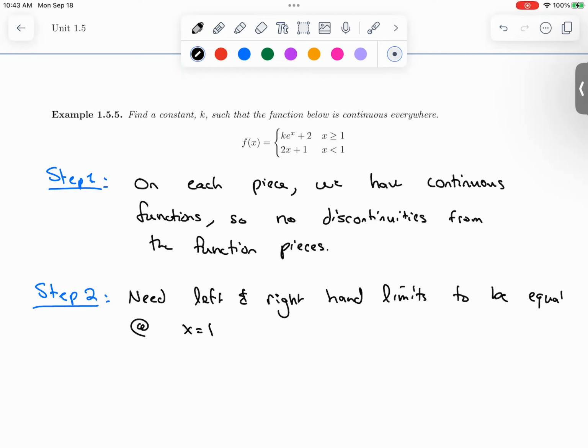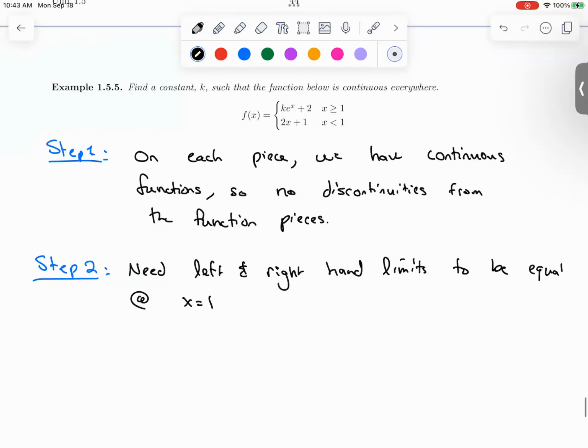That is how we're going to find out what k is. That is going to be how we figure this problem out, because in order for this function to be continuous, we need that the limit at x equals 1 to exist. And the only way that's going to happen is if the left and the right-hand limits are equal. So let's just go ahead and start doing that.